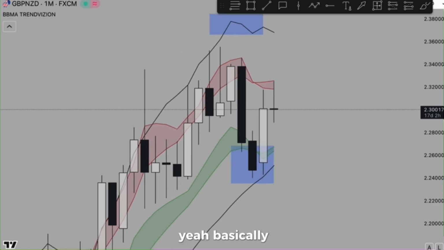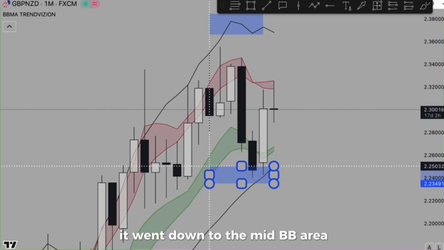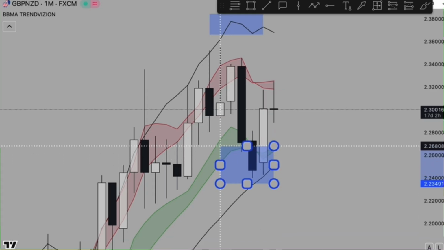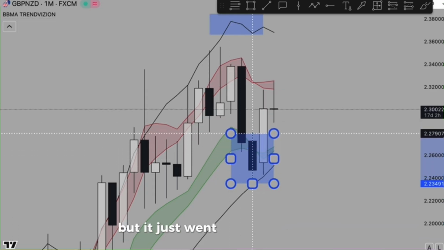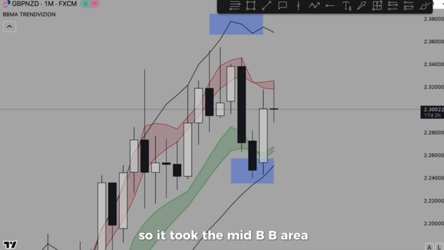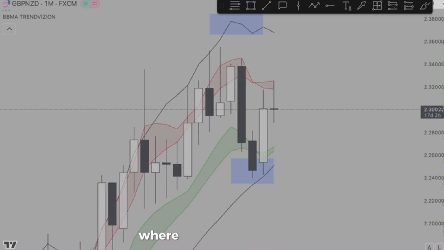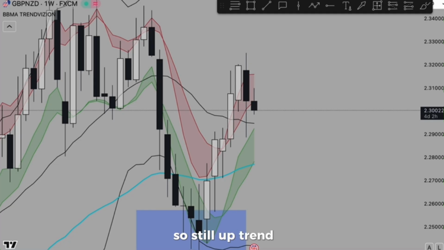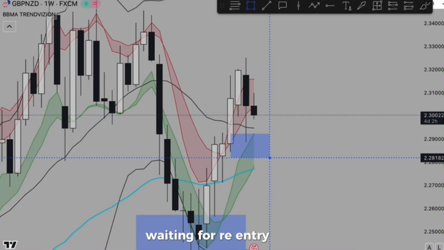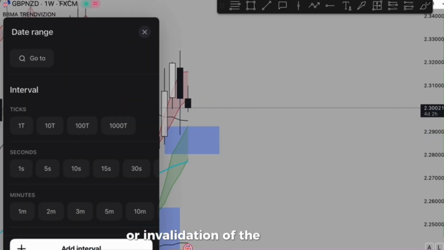So basically it went down to the mid BB area together with the MA low, but it just went straight through the MA low, so it took the mid BB area where it took re-entry buy. So still uptrend, waiting for re-entry here or invalidation of the daily sell.